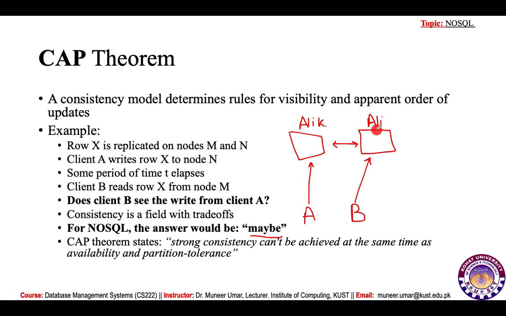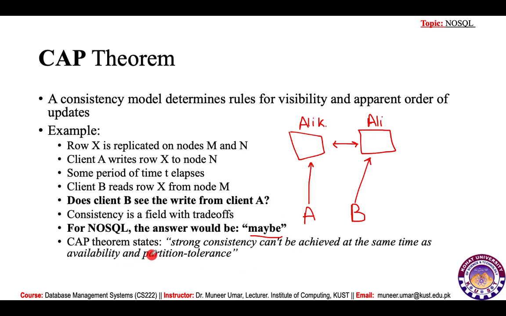But if we are putting consistency as our foremost priority, then this item would be immediately changed and the new replica would be given to B instead of the old inconsistent or previous value of this item.